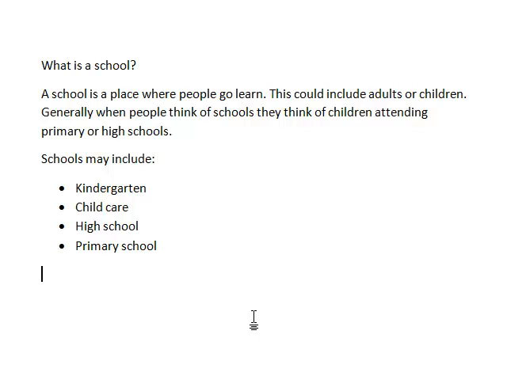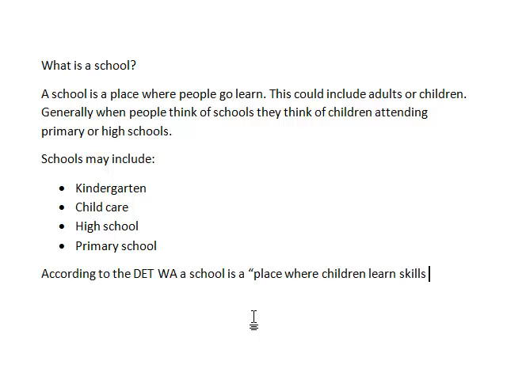So we might have, according to the Department of Education and Training, let's say WA, and I'm just making this reference up, a school is a place where children learn skills, including academic and life skills, and so on. Okay, and let's just do a quick little reference.